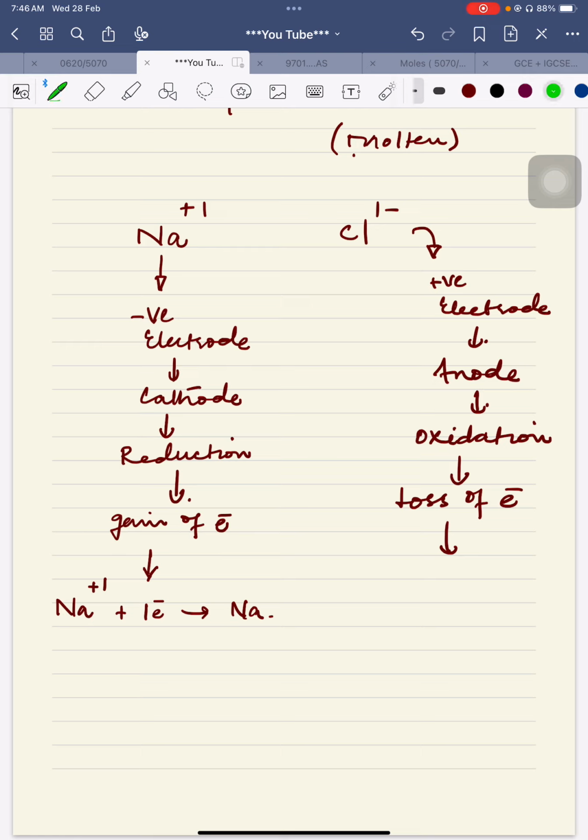Now if you are writing for Cl, what will be the equation? It will be Cl- arrow 1 electron plus Cl, and as it is diatomic, I have to write 2Cl- arrow 2 electrons plus Cl2. Now the one which gained electrons in ionic bonding is now going to lose the electron, and the one which lost the electron in ionic bonding, sodium, which lost the electron to make Na+, is now going to gain that electron back to turn into the metal again.